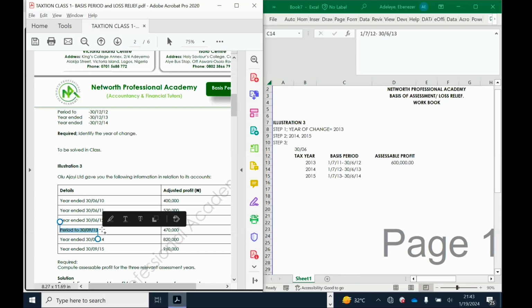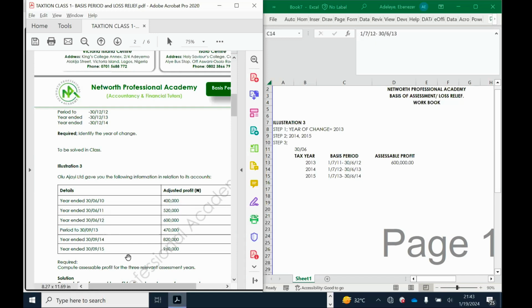Am I making sense? Chidima, please unmute yourself. It's more than a year. Chidima, from this year to this period, how many months is it? Help us calculate it.